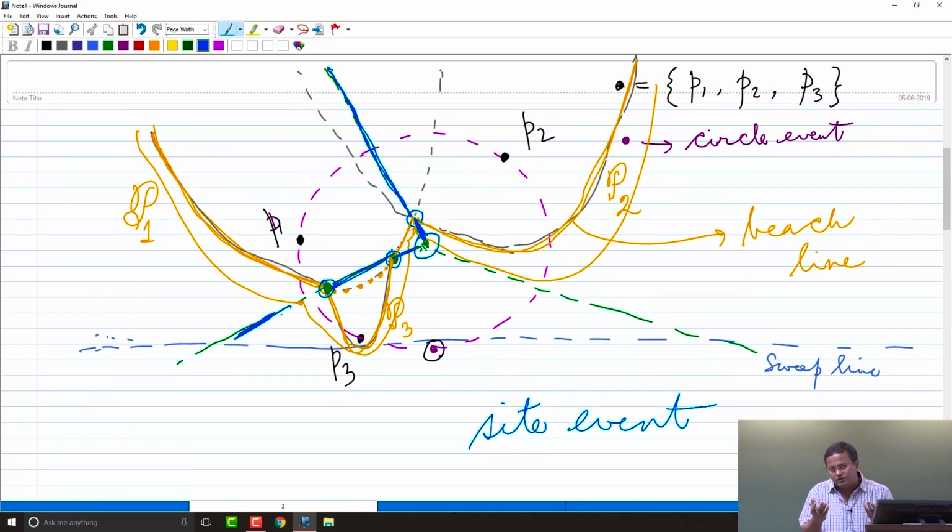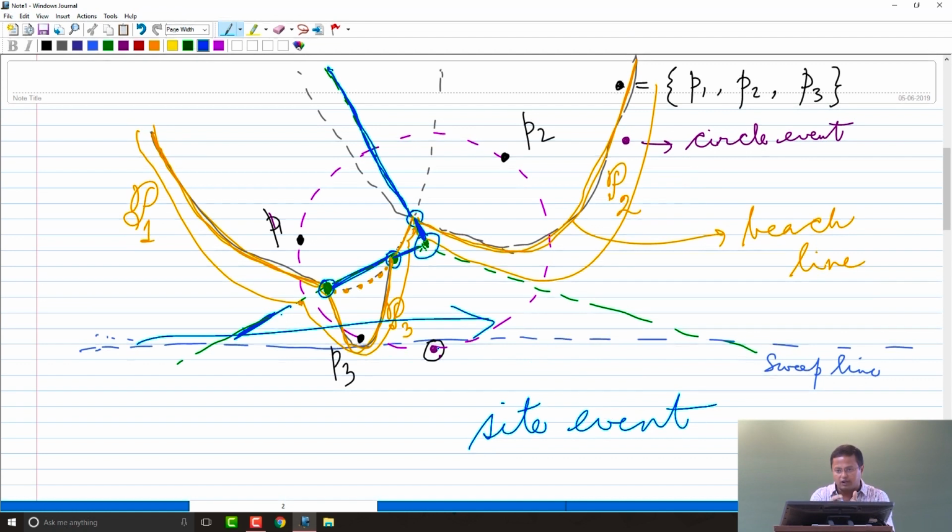Now, if you look into it, what are your basic operations? Your basic operations are picking up things from a heap, inserting into a heap, and searching in a balanced binary search tree to look at this x order, right. So, as Aritra must have told you, along the sweep line you store a status, say a balanced binary search tree, and the heap gives you the y order, right.